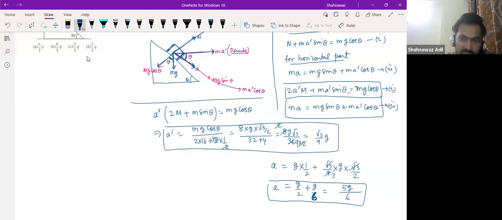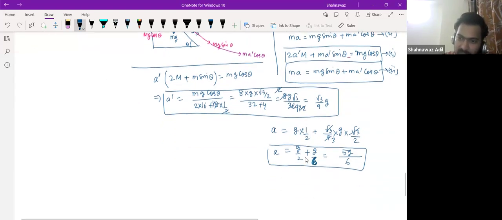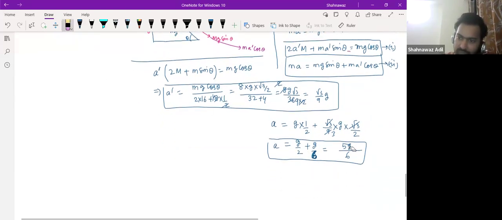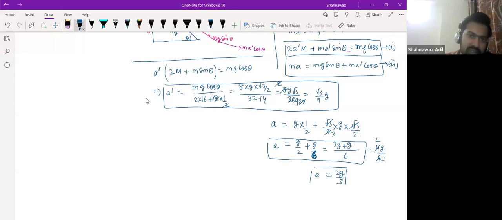And we have what? So the LCM is 6. This is 2 into 3g, and this is 3 into 2g, and then this is 6. So 4g by 6. So 2 by 3. 2g by 3. So this is the option.